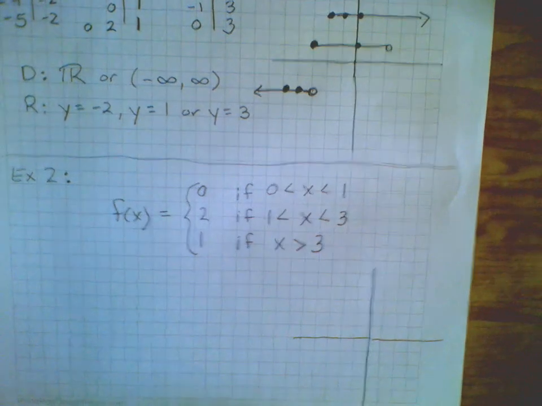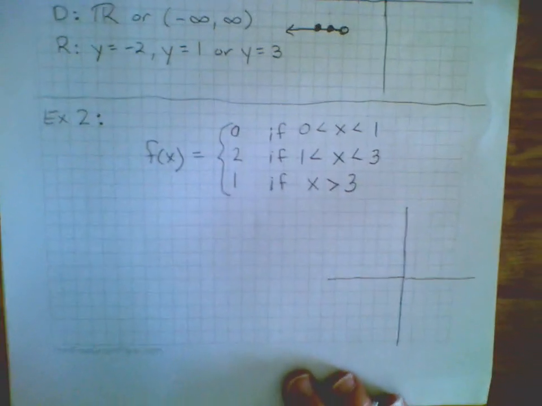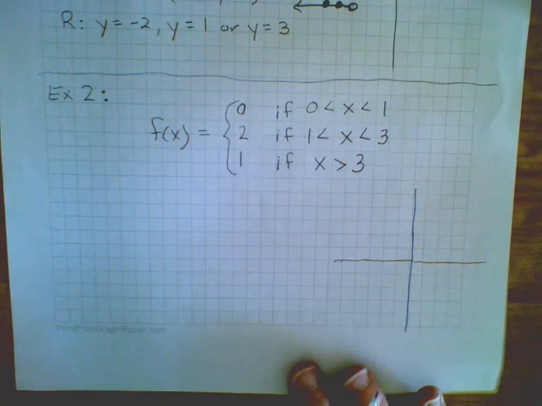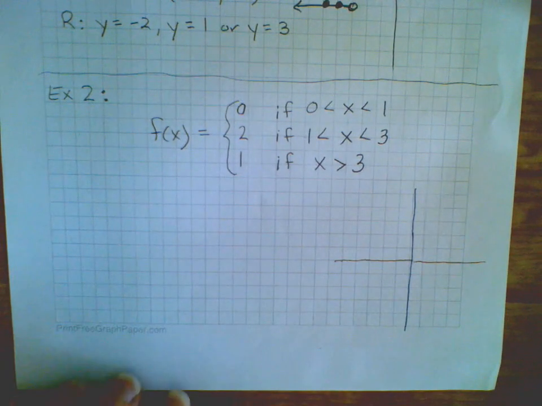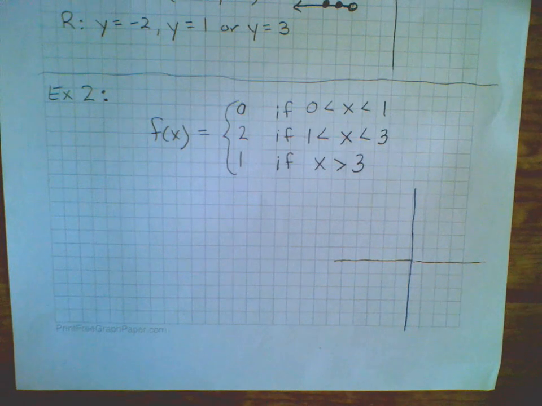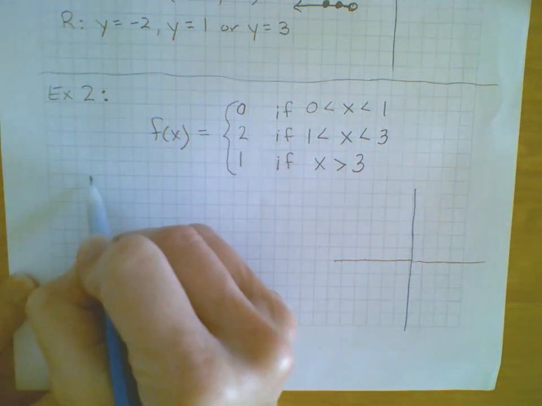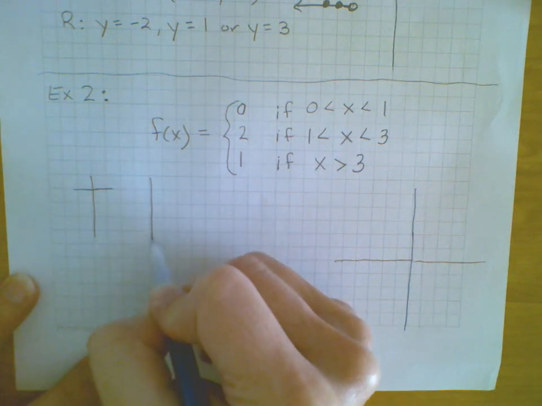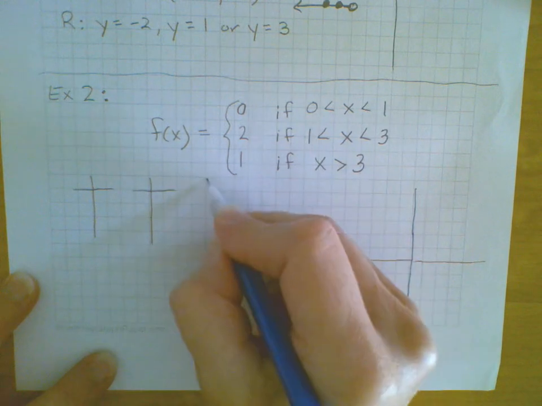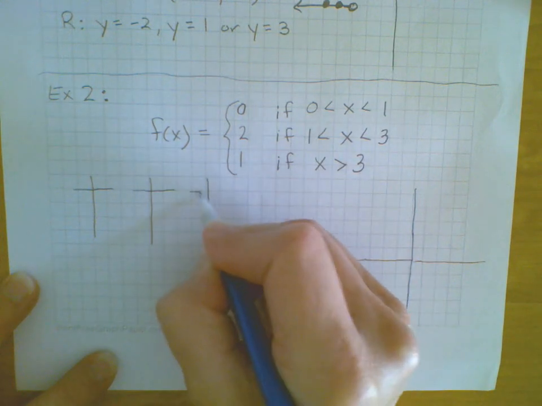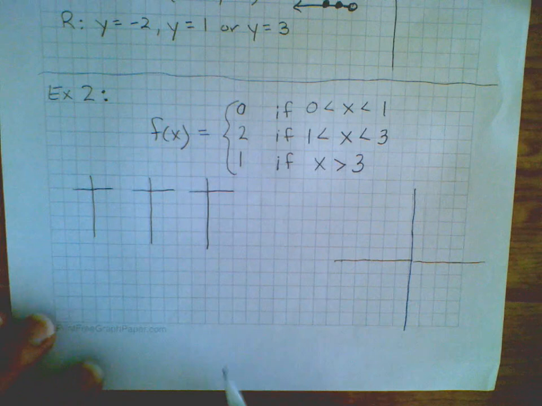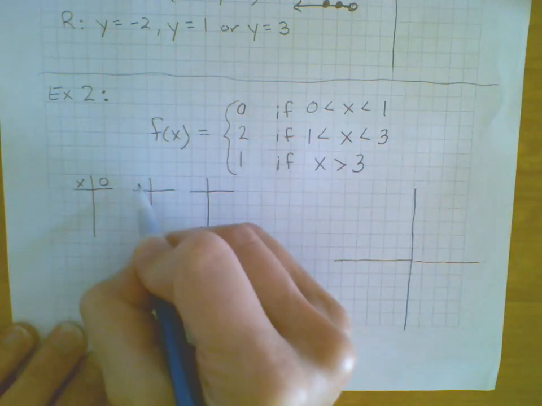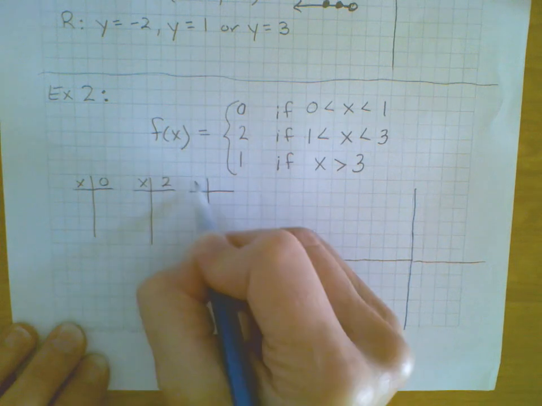Move this up. We've got another function, so take a second and copy that down. I'm going to do the same thing. So I'm going to set up my 3 little tables. So this will be x0, x and 2, and x and 1.